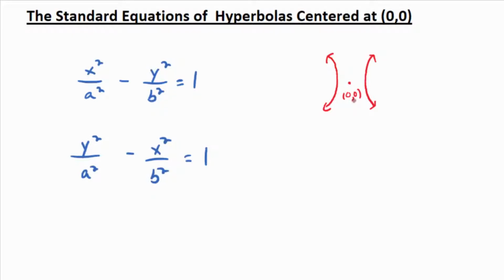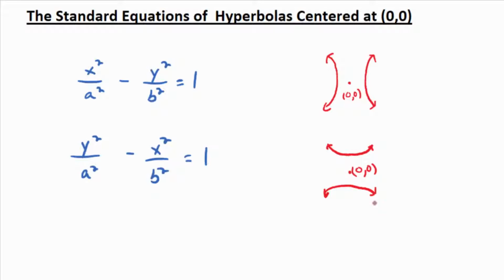If the term involving y squared comes first, then you're going to get a branch that opens up, and one branch that looks like the reflection of the first branch that opens down. They do look like parabolas, but they're not parabolas. The center would be right here in this case, 0, 0. Okay, so is this easy enough to remember?